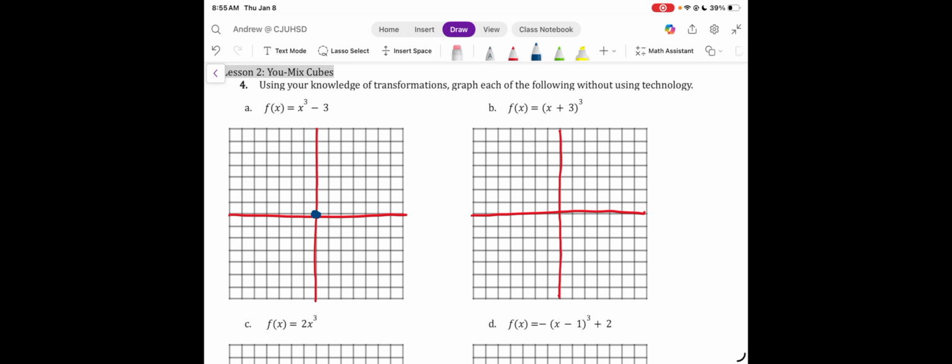We're going to go down 3. 1, 2, 3. And then we're going to go over 1, up 8. 1, 2, 3, 4, 5, 6, 7, 8. And when we go down and left, we're not going to get that last point, but it's going to look something like this.